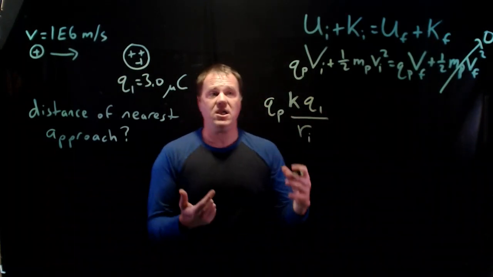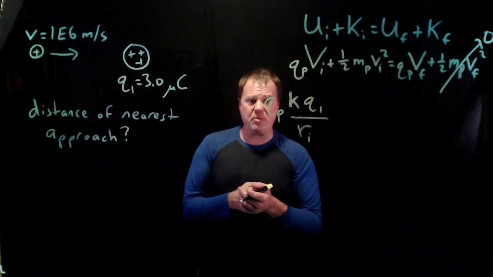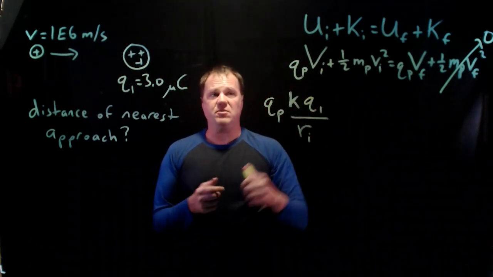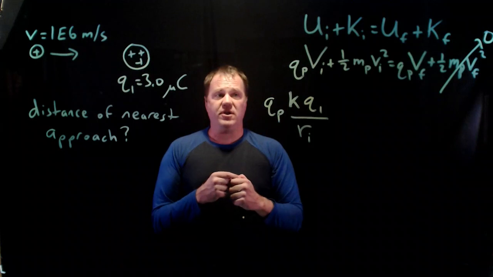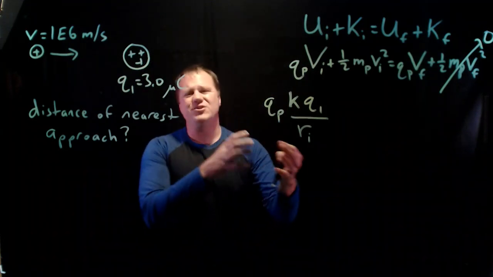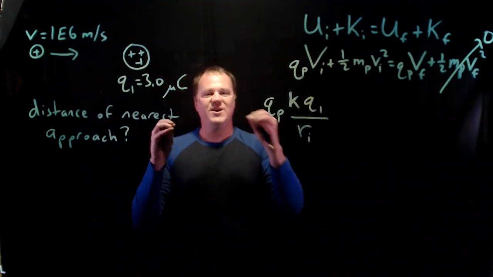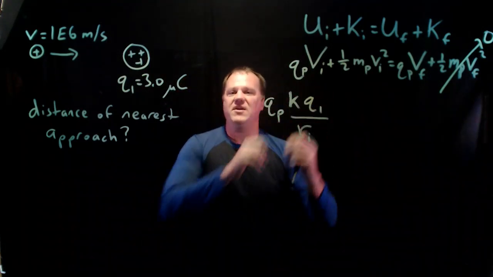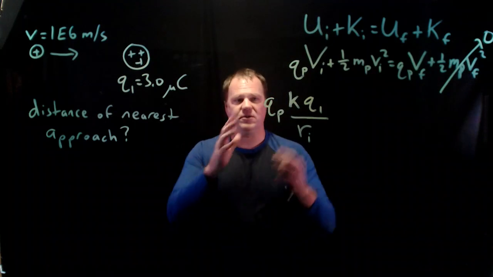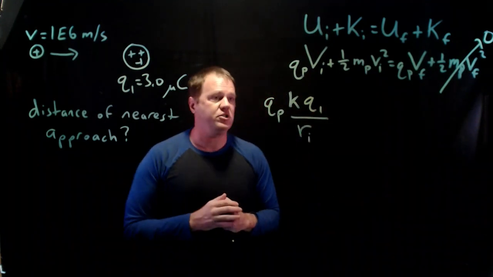I'm just using kQ over r for electric potential. You might recognize this arrangement as the electric potential energy of a pair of point charges. I don't like to jump right to that. It's just an aesthetic preference. I like to think of it as charge times electric potential, and then here's your electric potential. But jumping right to this is a perfectly valid approach.